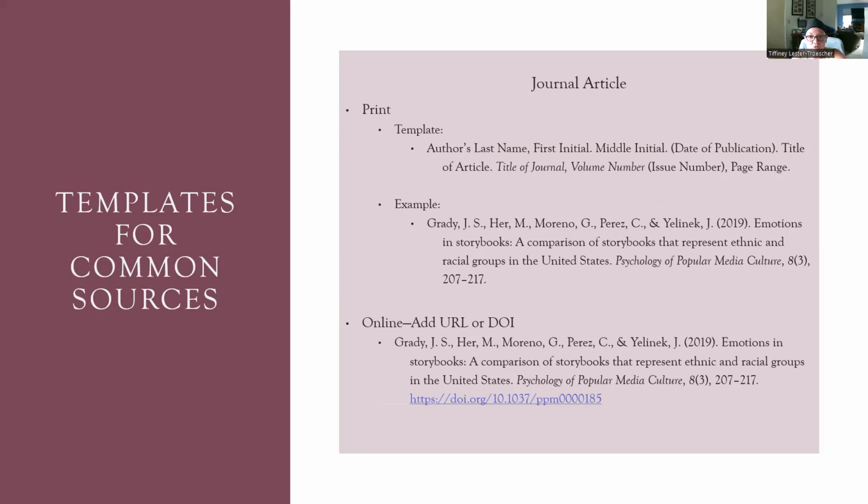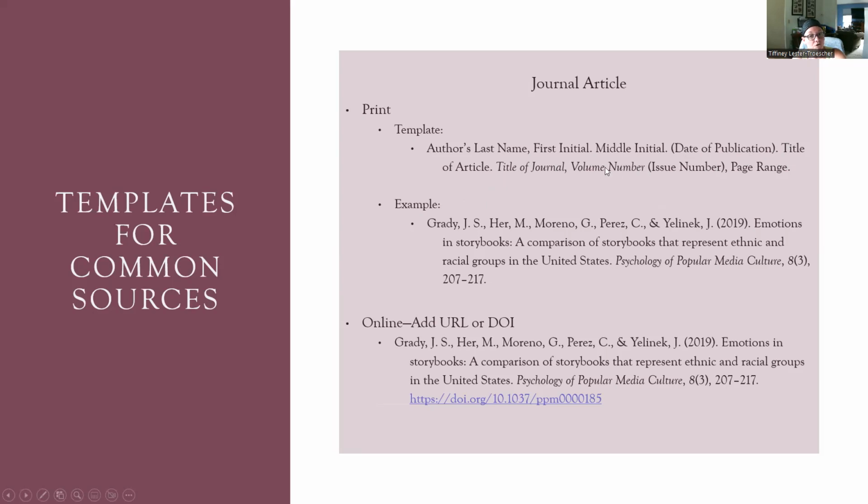The template for a journal article is author's last name, comma, first initial, period, middle initial, period. In the parentheses is the date of publication, then a period. Then in regular font still, we put the title of the article, period. Then in italics, we put the title of the journal.